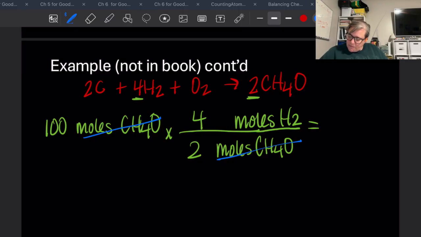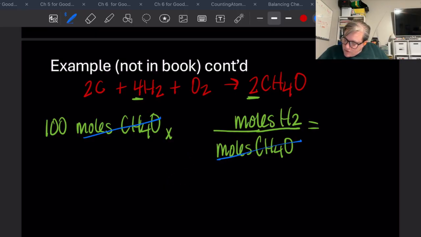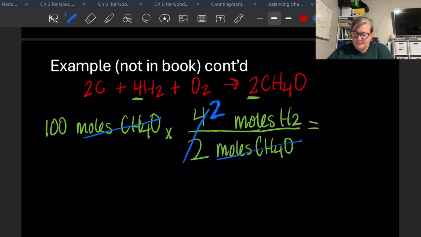Alright, so 4 divided by 2 is 2. That looks confusing. Let me fix that real quick. Okay, there we go. Because it looks like I'm saying that's a 2 on the bottom, and it's not. So if we have 4 moles of H2 and 2 moles of CH4O, so if we have 4 on the top and 2 on the bottom, we've got 100 times 4 divided by 2. Or this can simplify to give us a 2 there.